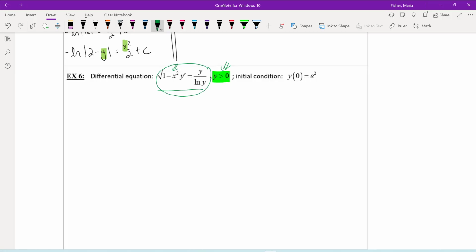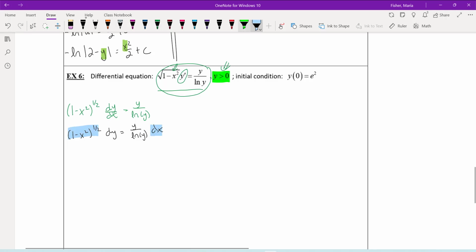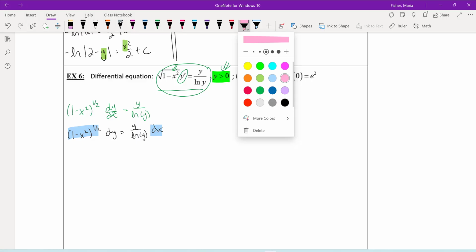I'm going to rewrite the radical as the 1/2 power. I'm going to rewrite y prime as dy dx, and that's going to equal y over the natural log of y. I'm going to multiply both sides by dx because I need to get that out of the denominator. Now I need all of my x's on the same side, and I need all of my y's on the same side.